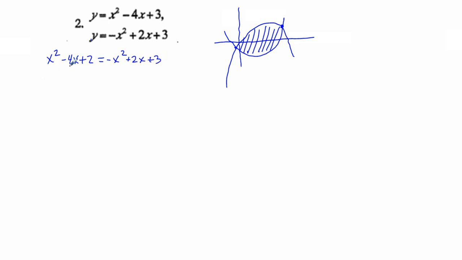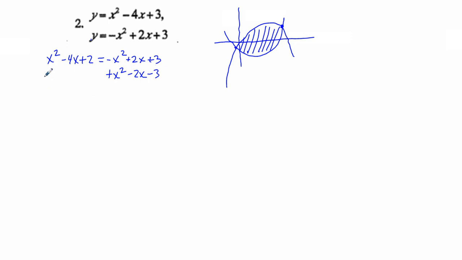And we're going to solve this equation by setting one side of the equation equal to 0. And for this, I'm going to add on the right side x squared, subtract 2x, and subtract 3. And that's going to make our right side equal to 0.